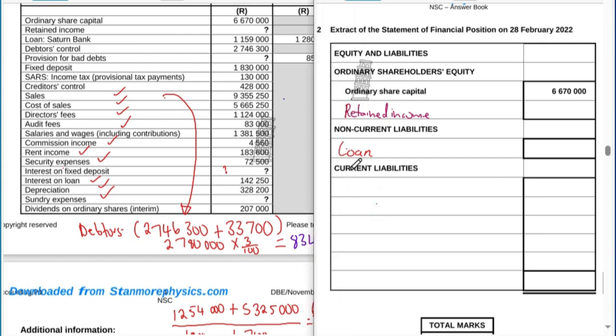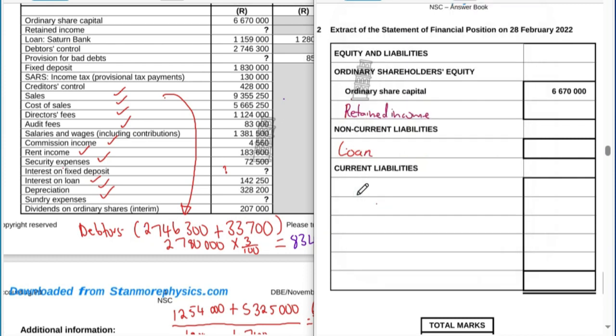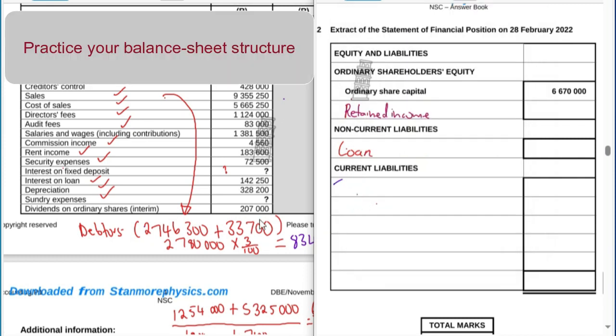Then we are going to have current liabilities. Under current liabilities, we are going to have trade and other payables.